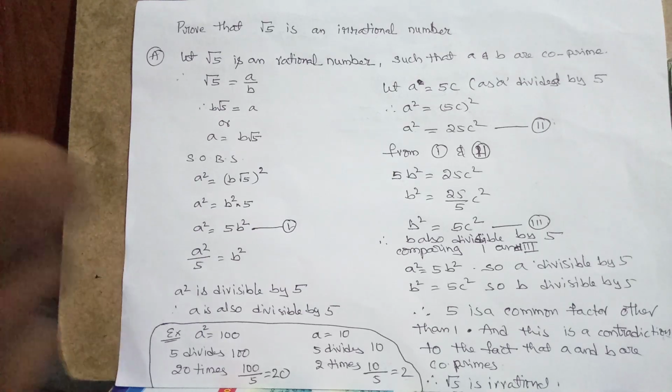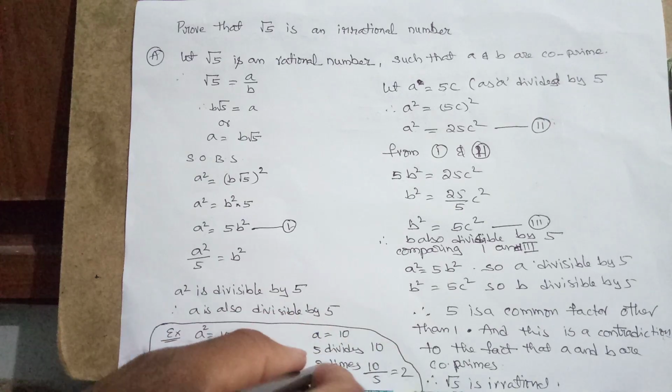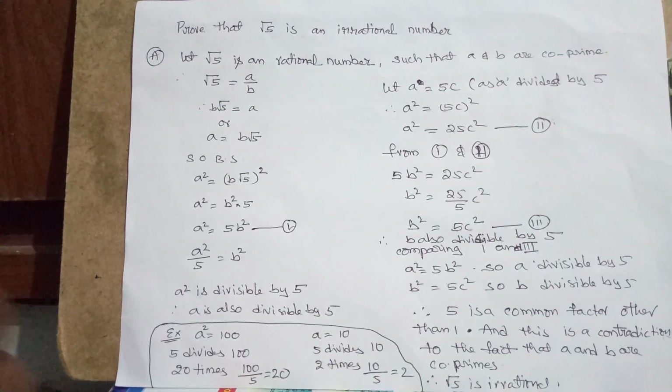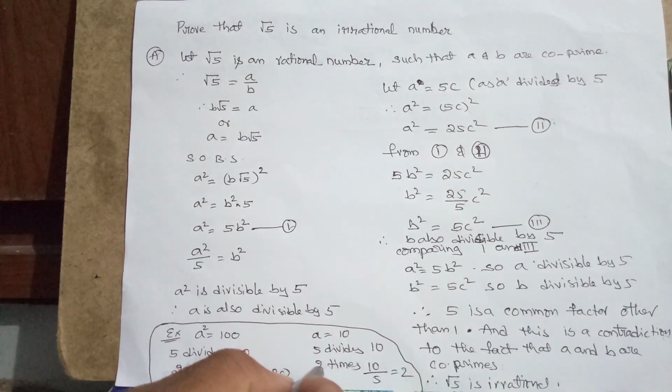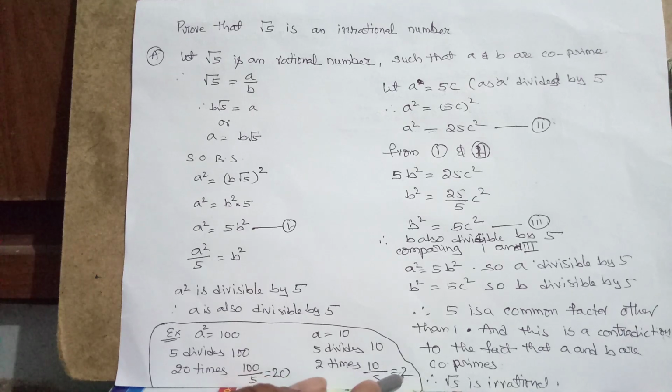When it is divisible by 5, we can take an example. Ten by 5, how many times will it cancel? 2 times. Therefore, the quotient is 2.